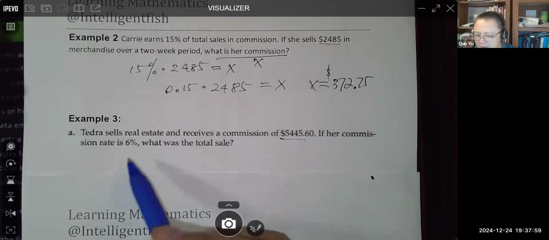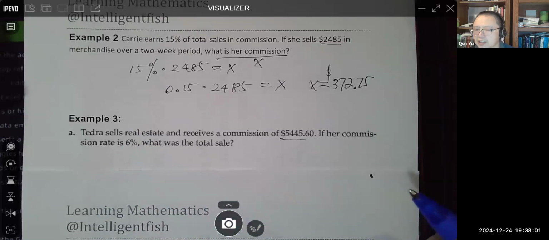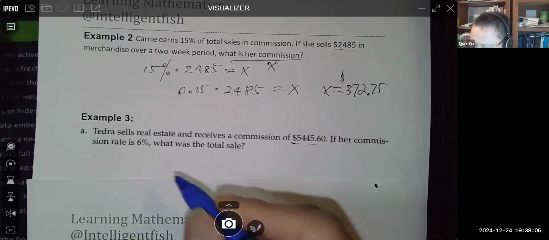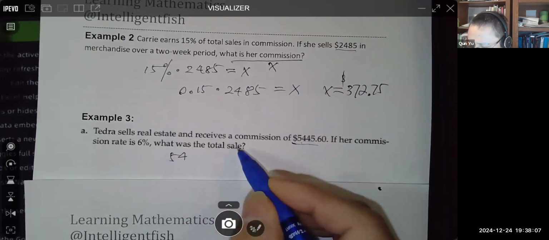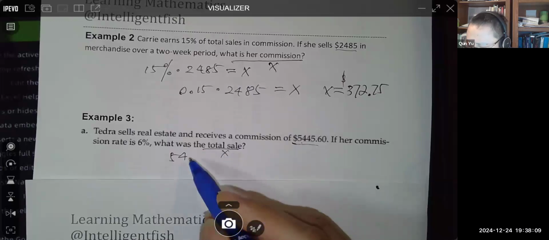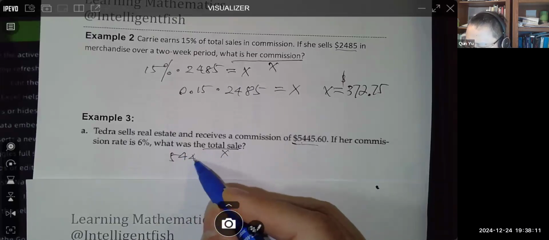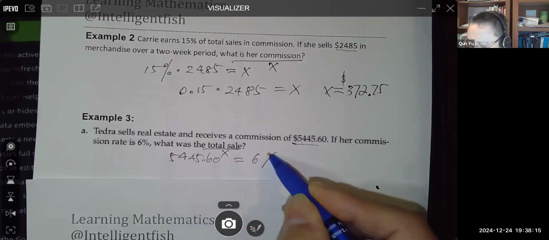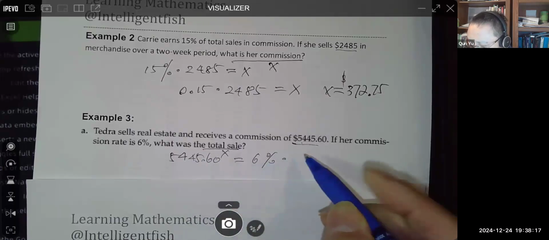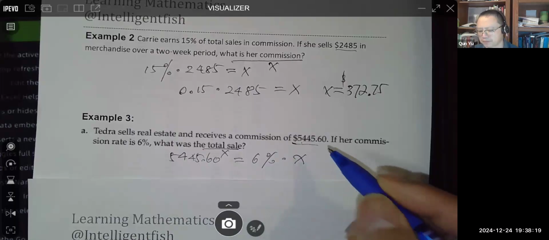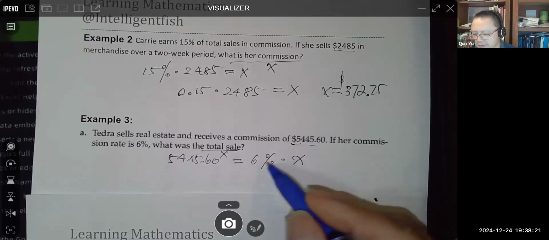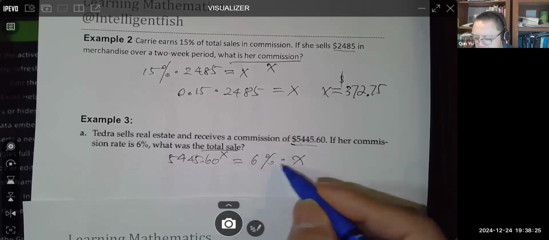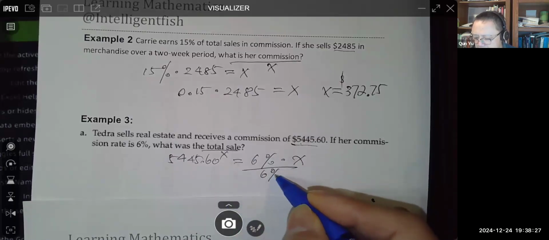A percentage of total sales is the commission. So we're looking for total sales, that's our X. Commission, whatever this amount is, is some percent of the total sales. Total sales is X. So to find X, we divide by 6%. And 6% is 0.06. Divide by 6% on both sides.